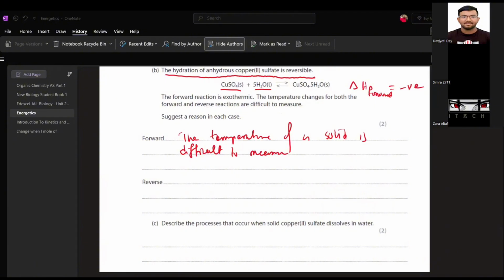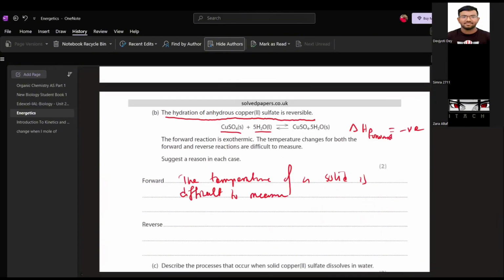Okay, reverse reaction. As you can see, copper II sulfate and water is being produced. Again, you can say the same thing since a solid is present. You can write the same reason, or you can give another one: that the salt may decompose further. What they're trying to say is that when we try to achieve the reverse reaction, what does it mean? It's basically decomposing, isn't it? The reverse reaction is the decomposition of hydrated copper II sulfate into copper II sulfate and water.